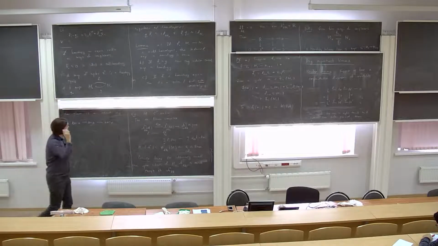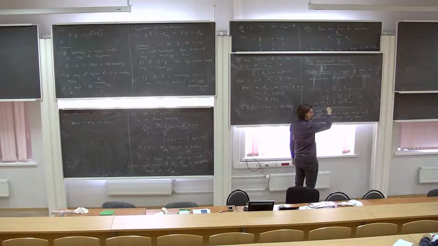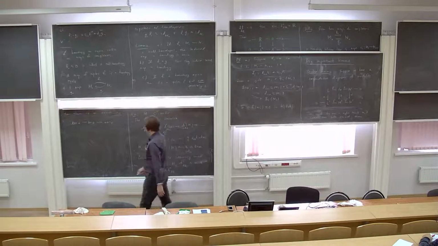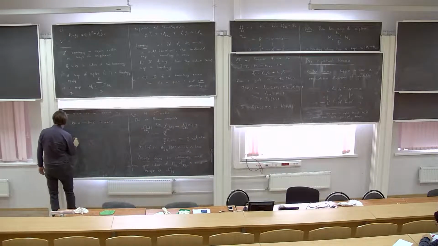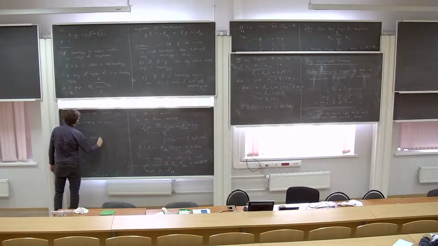Likewise, if I have something in the cokernel of alpha, it will map to something in the cokernel of beta and map to something in the cokernel of gamma. So there are obvious maps like this.